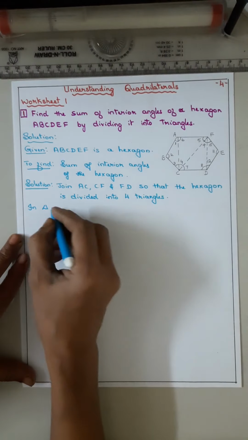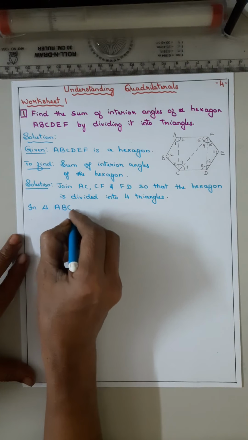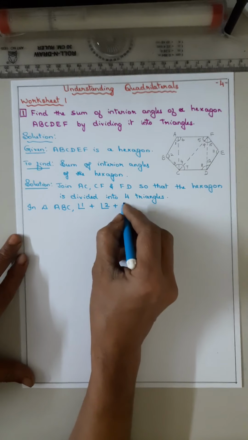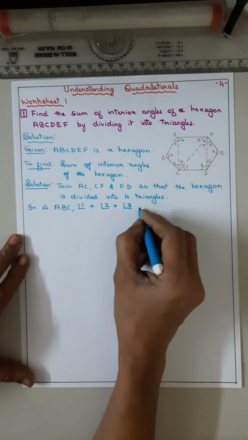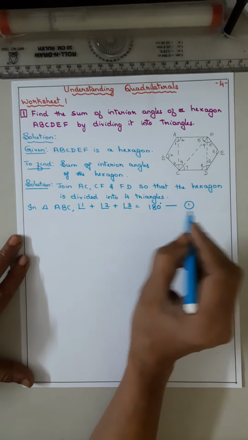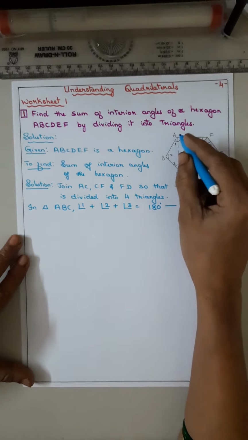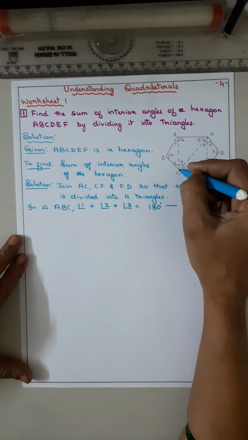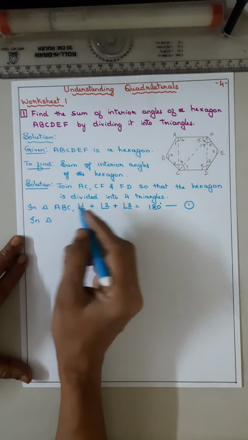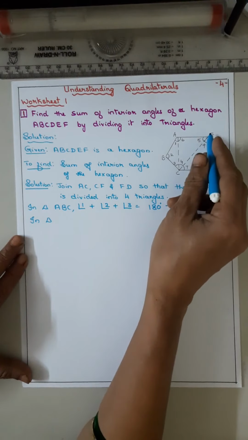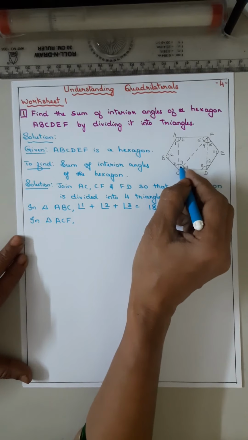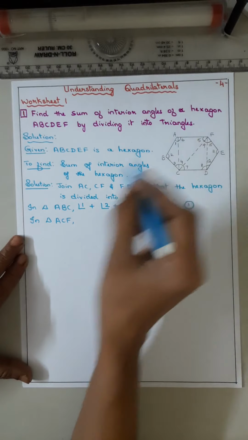First is triangle ABC. Angle 1 plus angle 2 plus angle 3 is equal to 180 degrees. That is the first triangle ABC, angles 1, 2 and 3. Now the next triangle, ACF, it is angles 4, 5, 6.